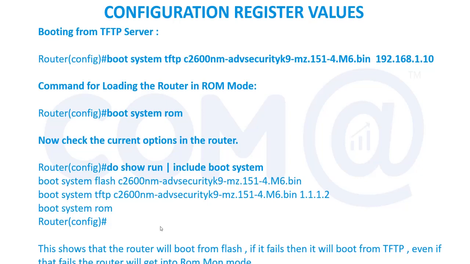Something happened and I'm not seeing the operating system, the IOS is not available. Now, what I'm going to do, the second option is boot system TFTP. I'm mentioning the IP address here, 1.1.1.2. I'm saying my TFTP server IP is 1.1.1.2, so load the operating system from my TFTP server. Otherwise, boot system ROM loads the mini IOS and keeps the router accessible for the analyst to work on the router.